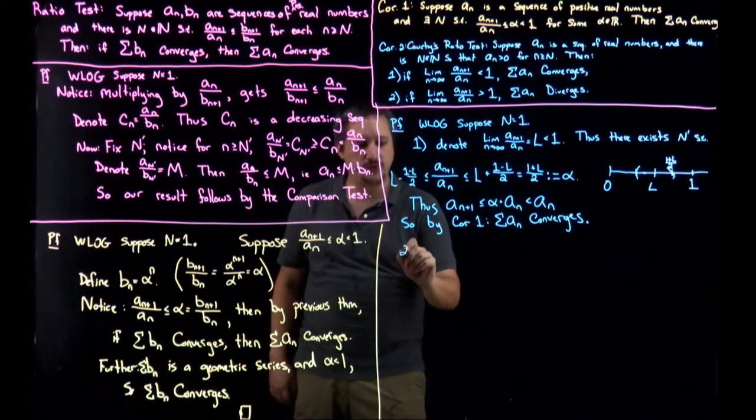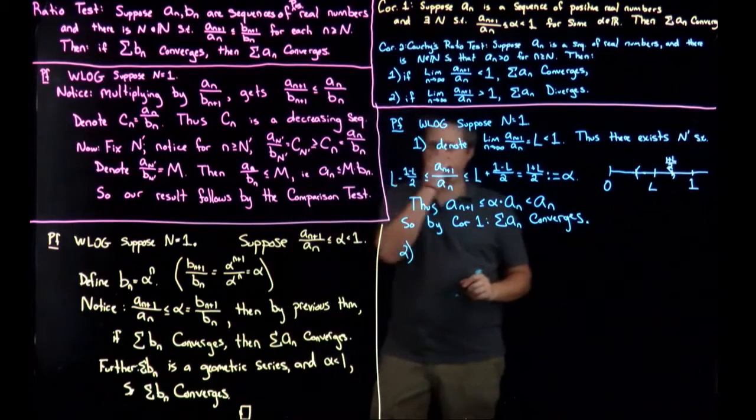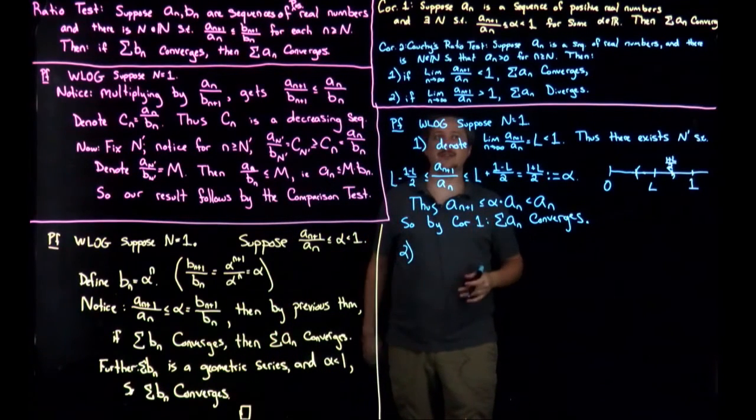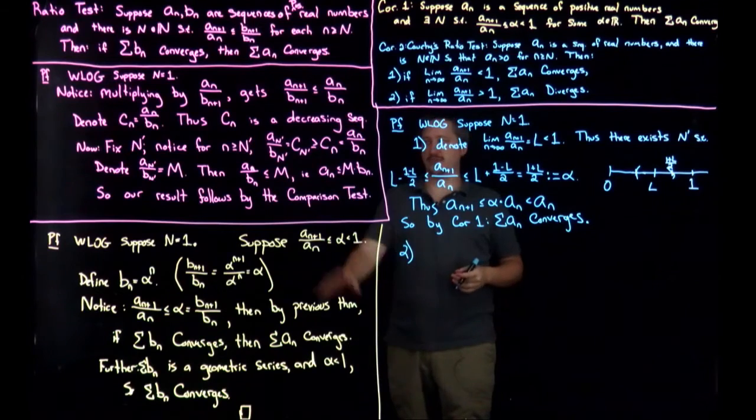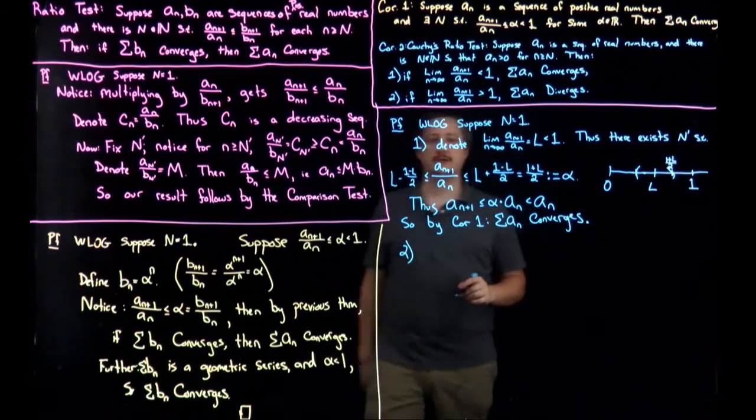So then the proof of 2, I'm going to do the same sort of idea, but it's going to be a little more work because I can't use corollary 1 here.